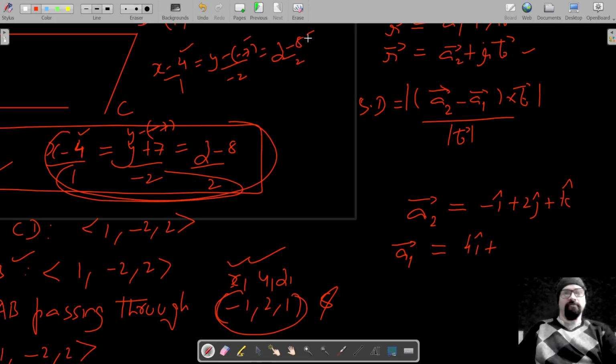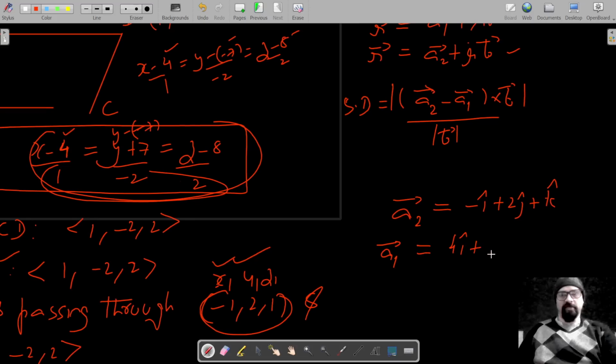So this is the point through which this line is passing, and its position vector is 4i cap minus 7j cap plus 8k cap. So this is a1. A1 and a2 we have got.